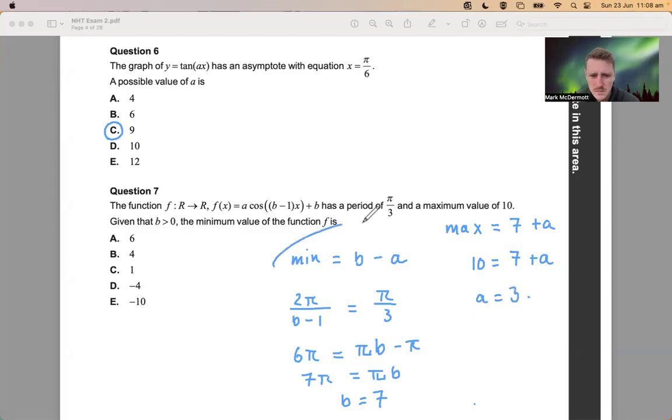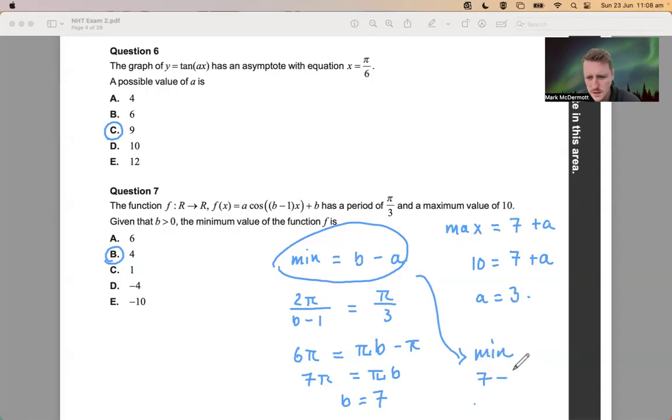So the minimum must therefore be b minus a, which is 7 minus 3, which is 4. Okay, so minimum, let me just explain. The minimum equals b minus a. Well, b is 7, a is 3, so you get 4.